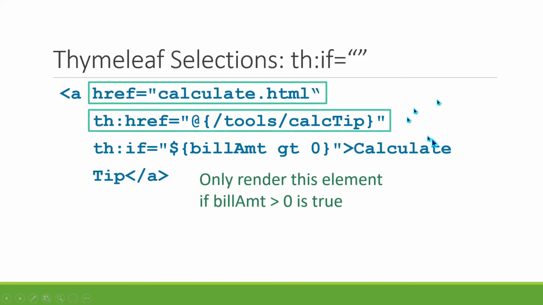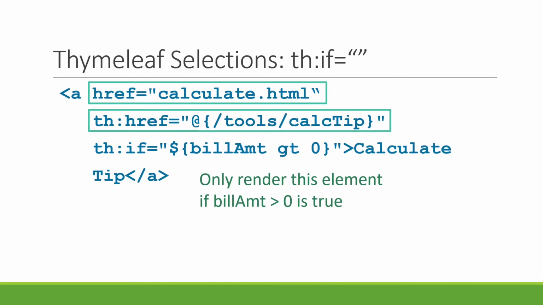My Thymeleaf href is using a mapping, so that's probably mapped to something in my controller. Obviously, it's mapped to something in my controller. So something in my controller is going to execute when the user clicks this link. Now, with the th:if, it can evaluate any valid Boolean condition or expression using relational operators, logical operators, etc.